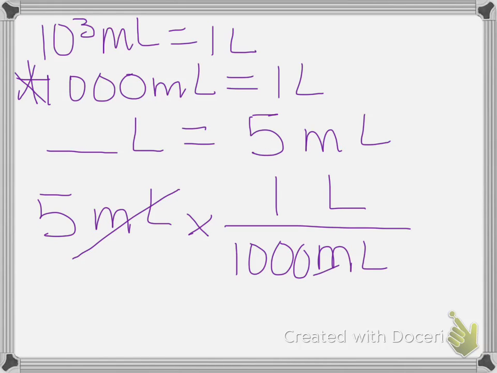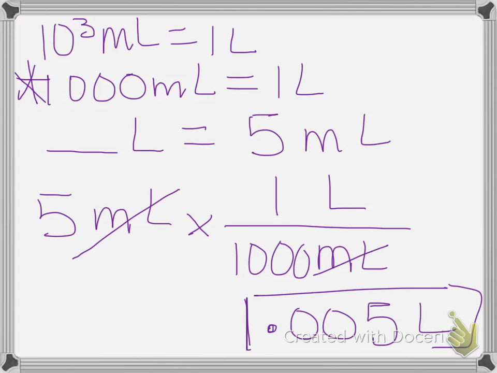Look, milliliters cancel. 5 divided by 1,000 is 0.005 liters. And of course, we go back to the given, look at sig figs, there's 1, our answer is 1, and we have a nice label, liters. There you go.